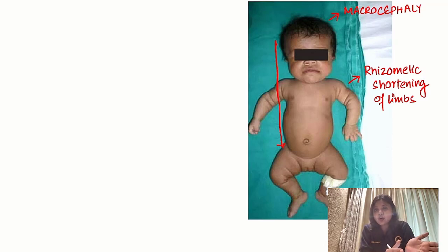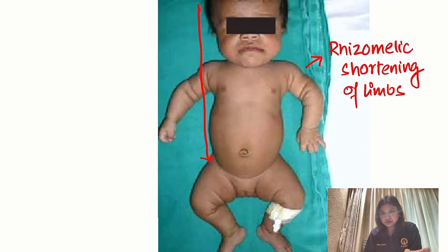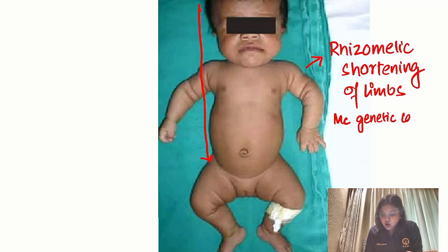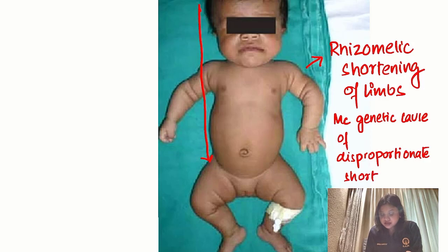So it's a pathological short stature, disproportionate short stature, and genetic cause. So let me write the one-liner for you. It is the most common genetic cause of disproportionate short stature.